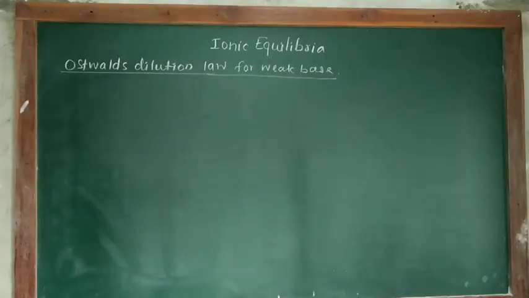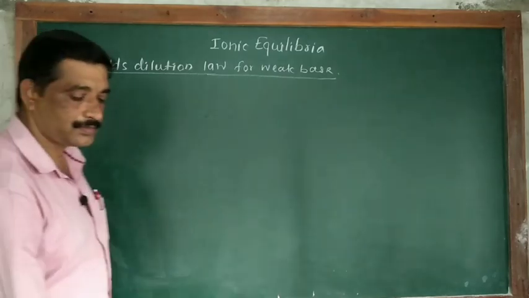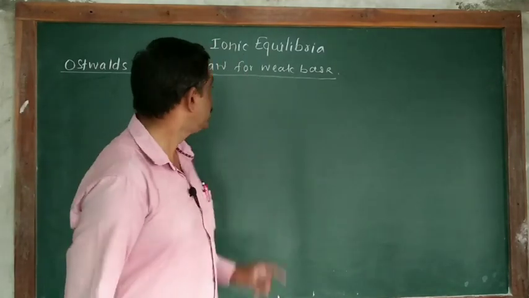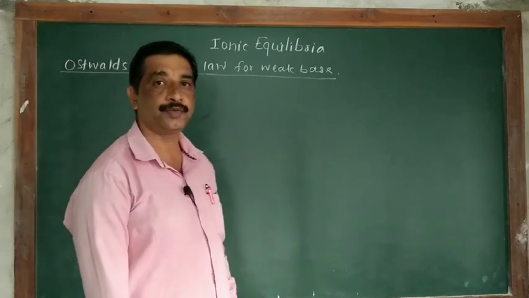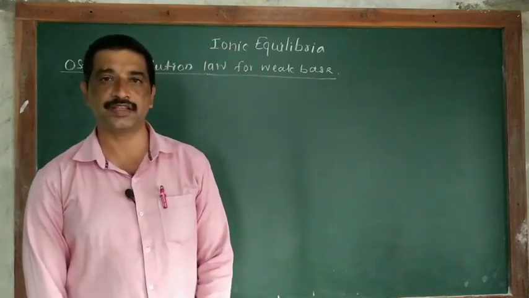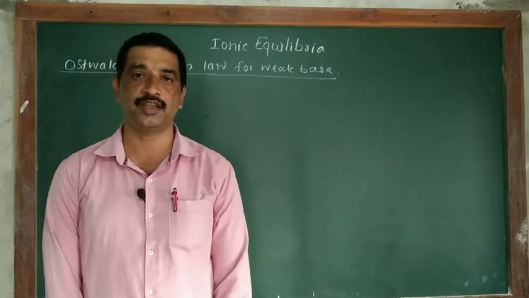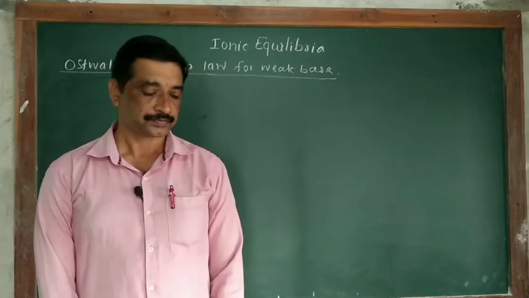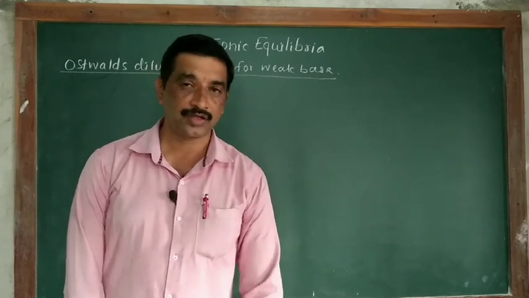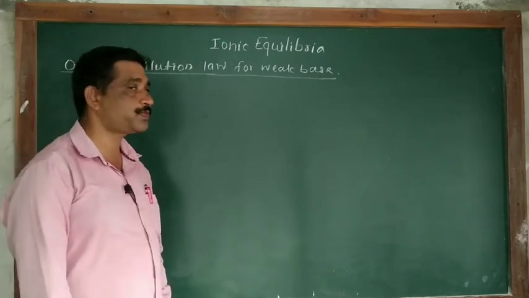So our next point is Ostwald's dilution law for the weak base. Similar to a weak acid, a weak base also partially dissociates into its corresponding ions. It is a weak base, therefore it does not completely dissociate into its corresponding ions.